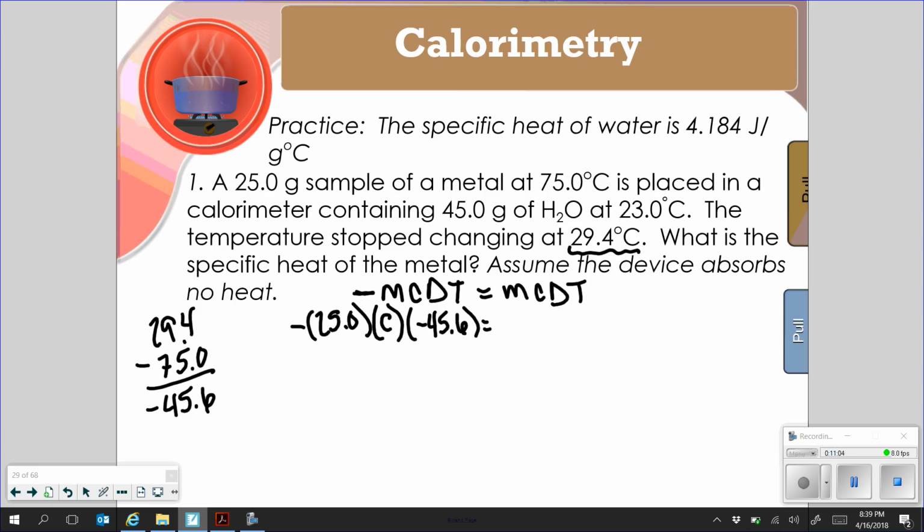On my water side, my mass of water is 45.0. My C value for water is 4.184. And my change in temperature is going to be 29.4 minus 23.0, which ends up being 6.4. So I'm going to go ahead and multiply across. I've got now on this side a positive.